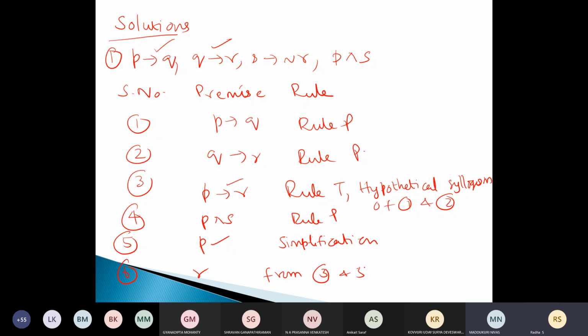What is that called? Modus ponens. So you have to write rule T, because you are deriving something new.